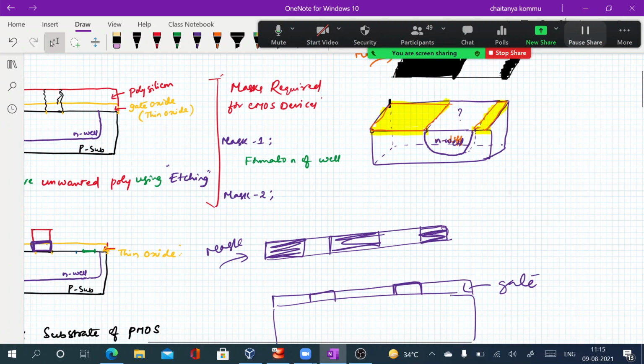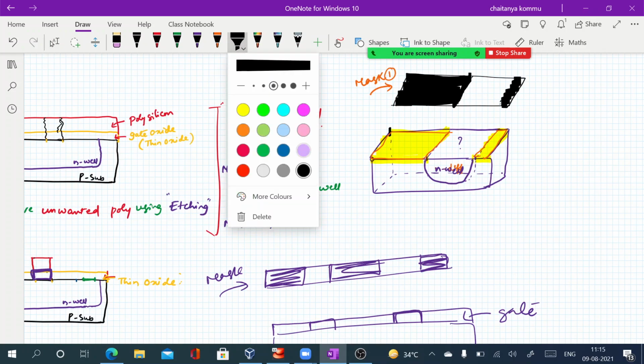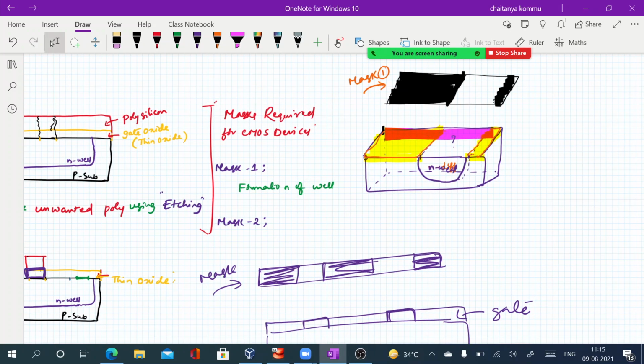that means we have to cover the entire region with the field oxide, right? So for example, silicon dioxide can be provided. This particular silicon dioxide can be considered as a protecting layer for this substrate, for the surface.